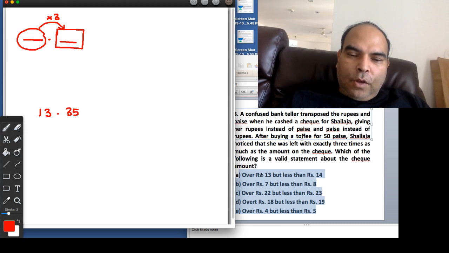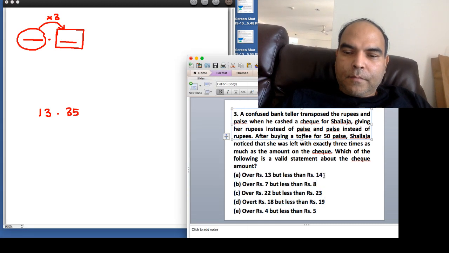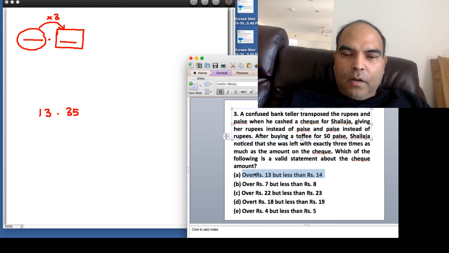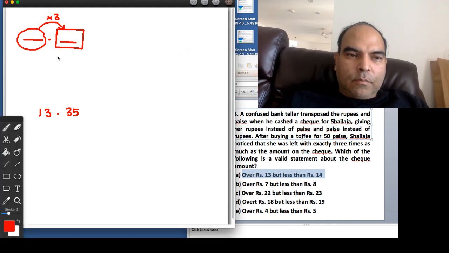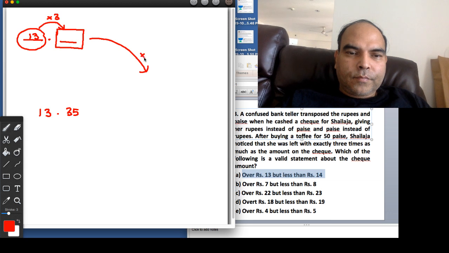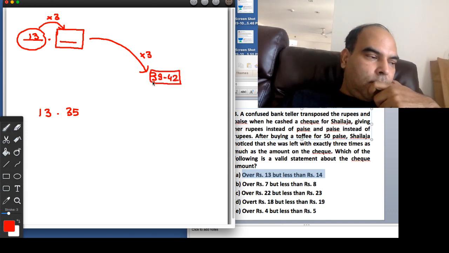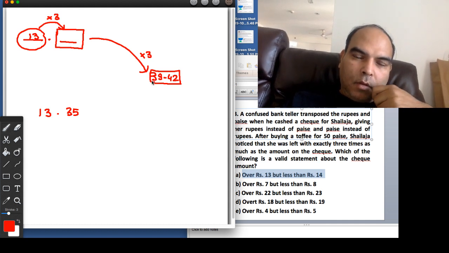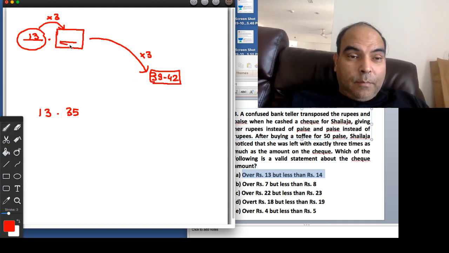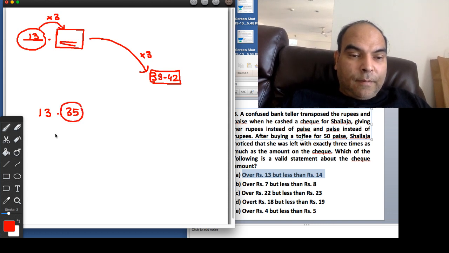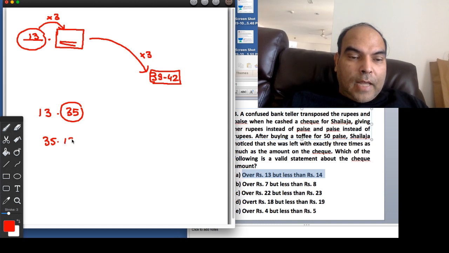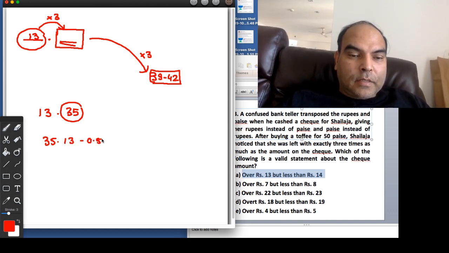Now given you're going with option 1, over 13 but less than 14, the moment this is more than 13 and less than 14, 3 times this amount will have to become 39 to 42. And for that to happen, this number can't be taken as 35, because 13.35 becoming 35.13, and then you are subtracting 50 paise from this, the value is not going to hit this range.